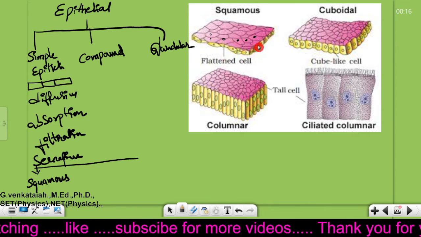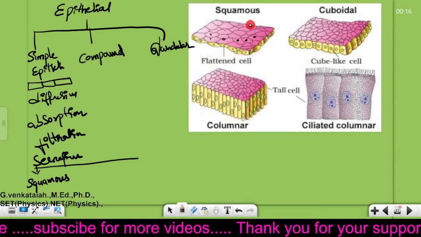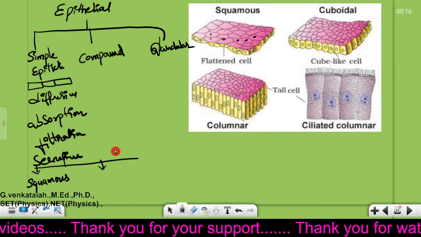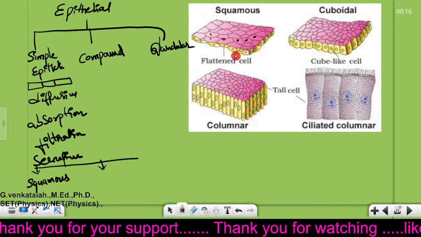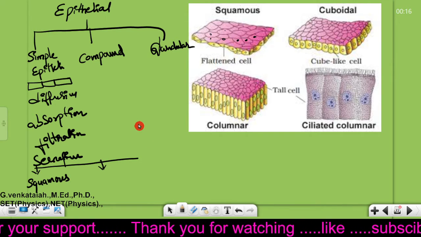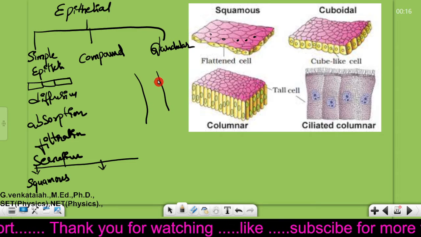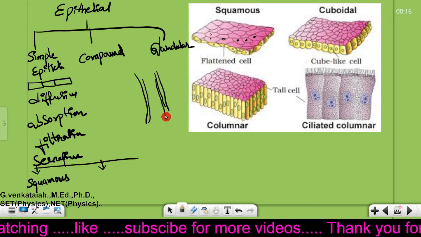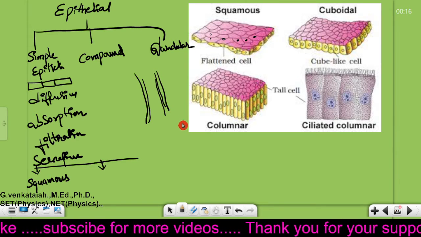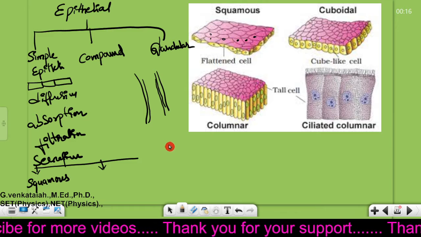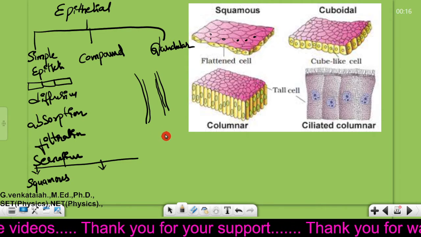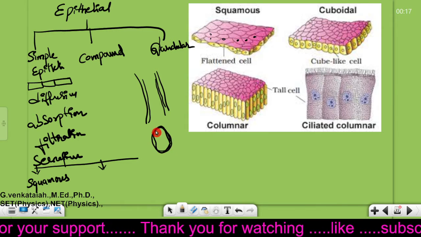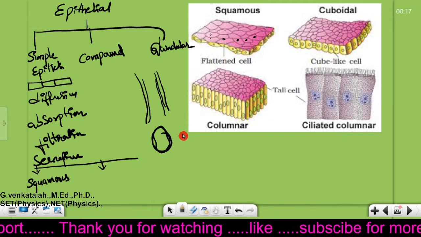Generally, simple squamous epithelium cells are found in the endothelium, the inside of the blood vessels, and the mesothelium of the body cavities, like the pleura around the lungs, and the pericardium membrane.